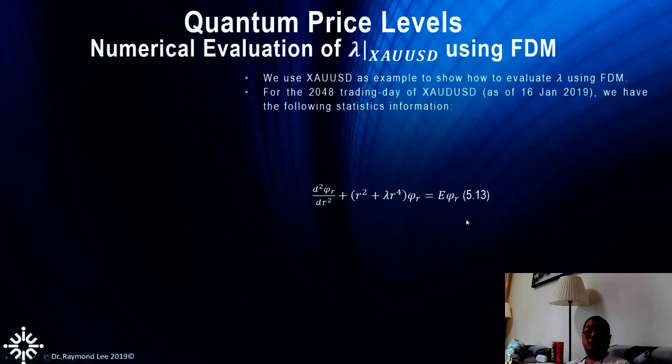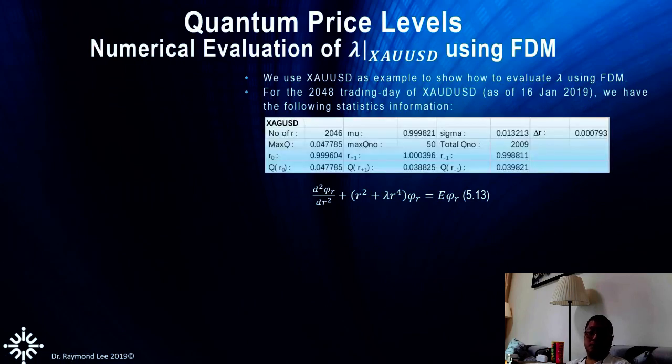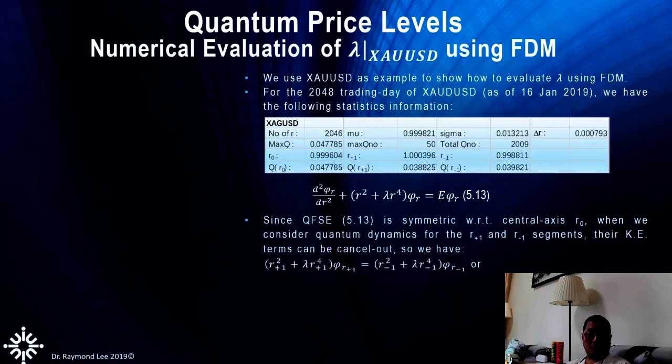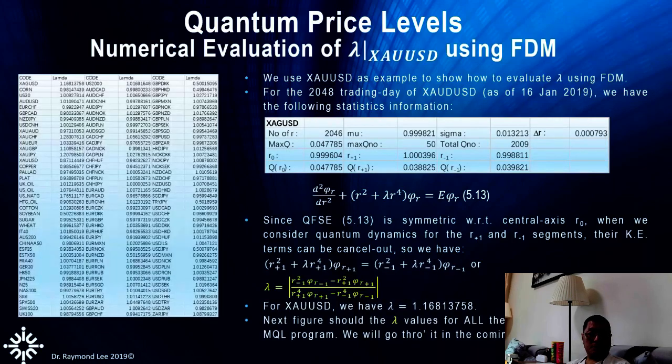So we use gold against the US dollar as an example. By using this, I'm using 2,000 Ks. After calculation, we have the number of samples, 2,046, because we have the boundary case, you have to cut some out.